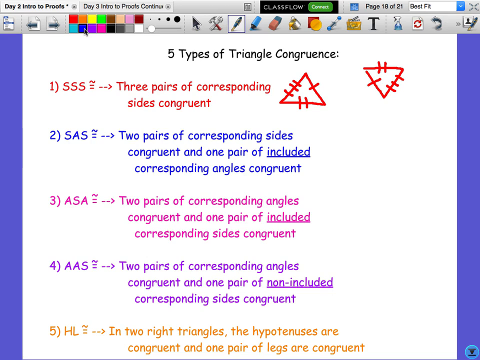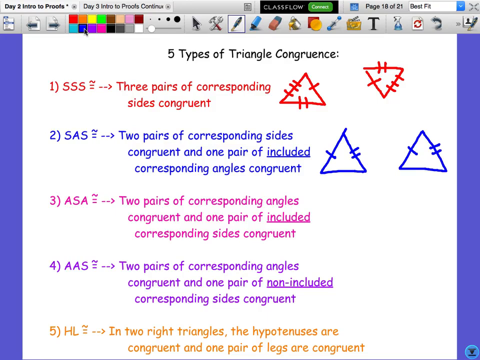The next shortcut says I have 2 pairs of corresponding sides congruent and 1 pair of included corresponding angles. So I can draw any types of triangles I want. I can make them look the same as before, it doesn't matter. I'm going to mark 2 pairs of corresponding sides.